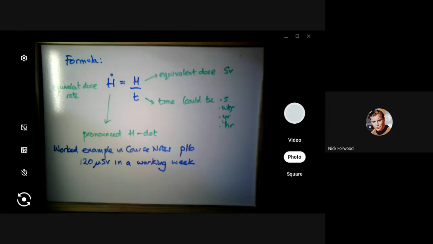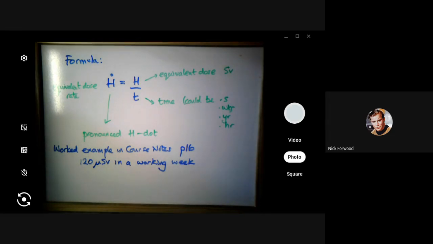Well, that assumes you're actually working 365 days in a year and you're receiving that dose every single day for a year. And that's highly unlikely. It's the same in a week. A week doesn't normally consist of 7 days. It's normally 5 days, and your day isn't a complete 24-hour day either. You probably go to work at 9 o'clock, you finish at 5 o'clock, for instance.